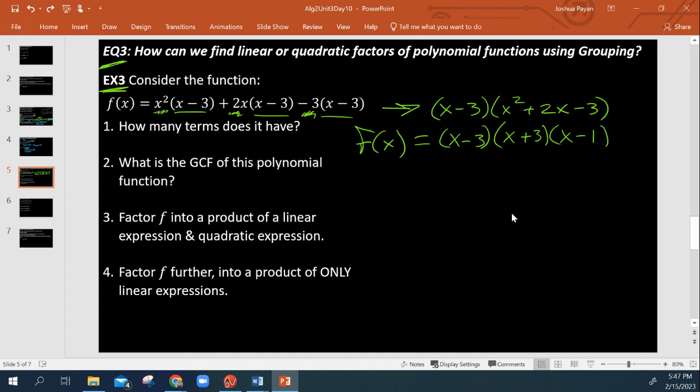Either way, it's a third degree polynomial, so it's going to have 3 roots or intercepts. That means it's going to have x-intercepts at positive 3 for this one, negative 3 for this one, and positive 1 for this one.